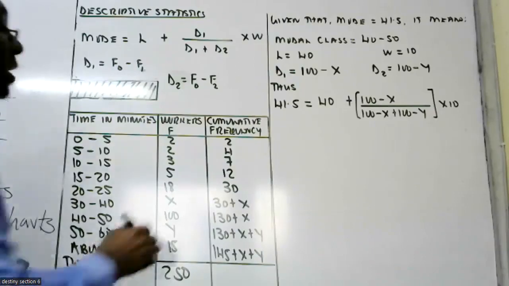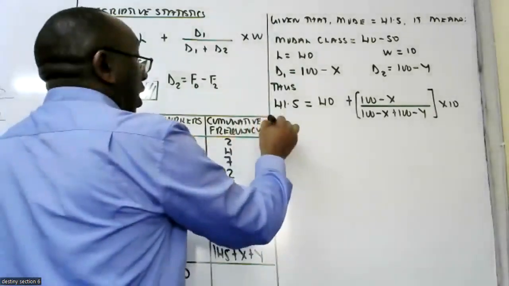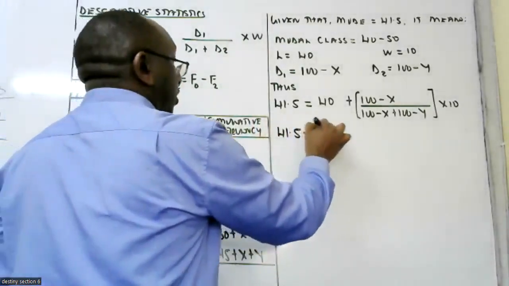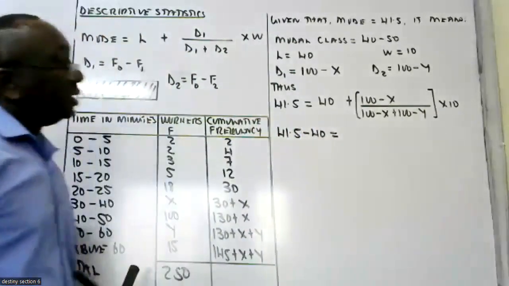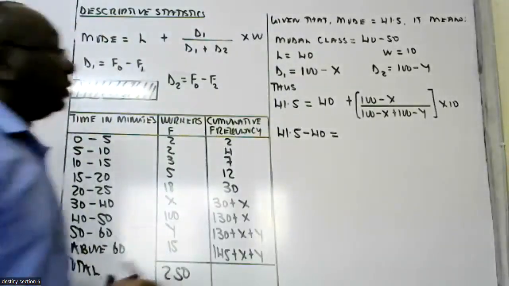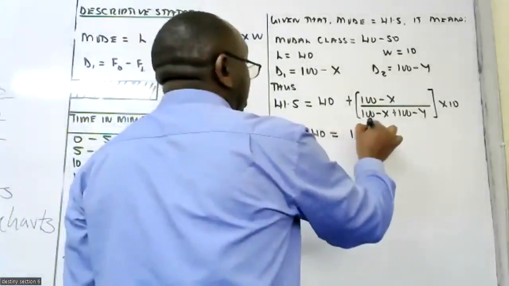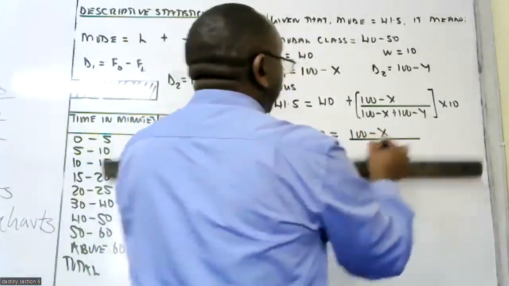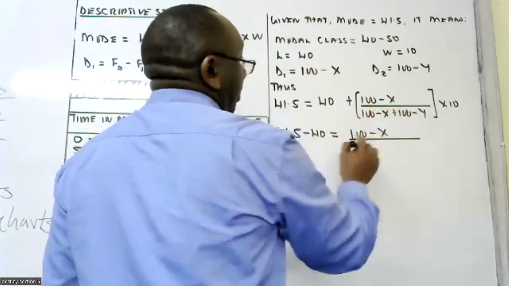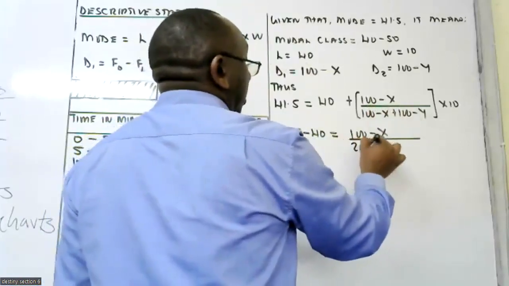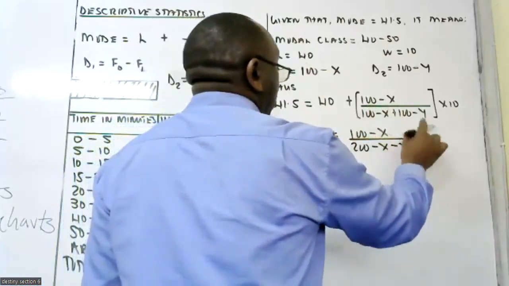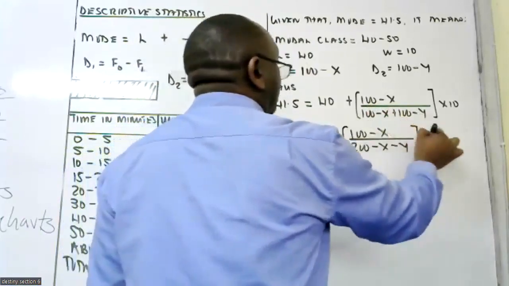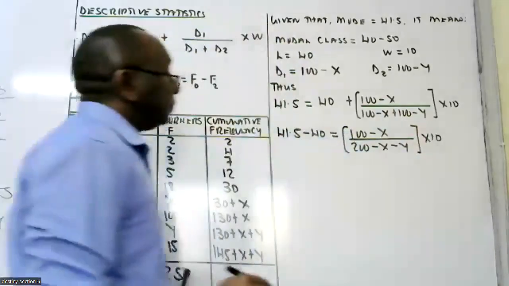So if I multiply by 10, I proceed and say 41.5 minus 40. I'm putting items together, so this becomes 100 minus X, divided by this plus this, that is 200 minus X minus Y, multiplied by 10.